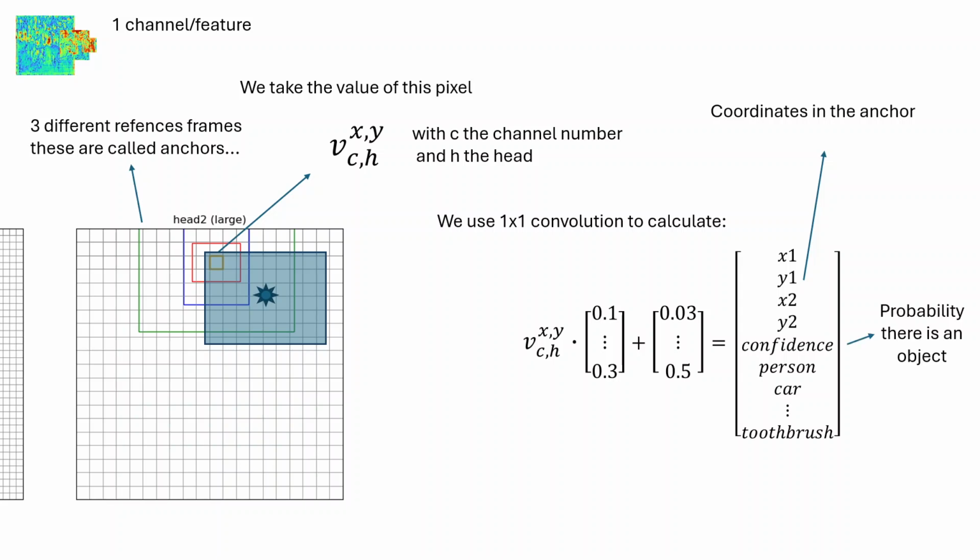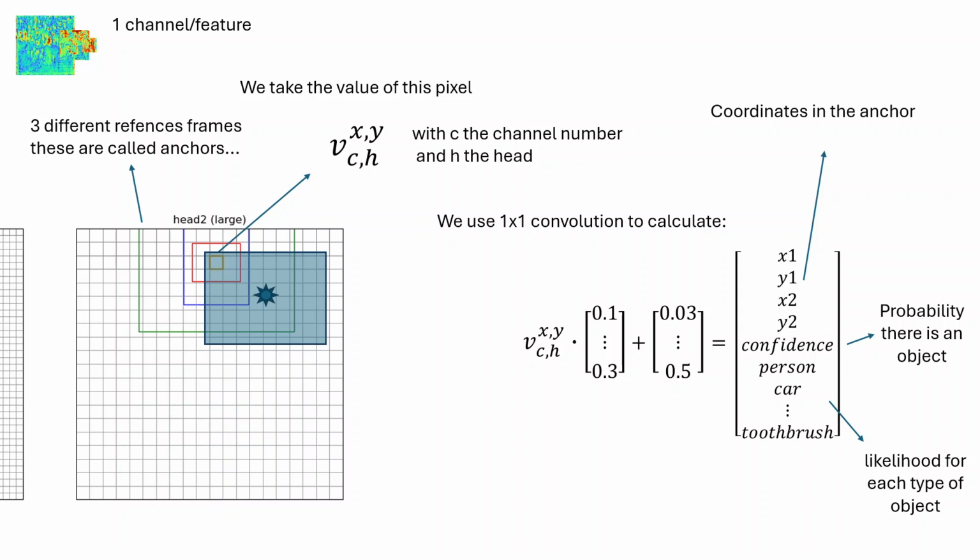Next is the confidence. Is there an object at all? It could be there's no object at all. And next, it tells you the likelihood for each type of object. So if there's an object, is it probably a person, or is it more a car, or whatever? So this is the outcome. This is what comes out of it.